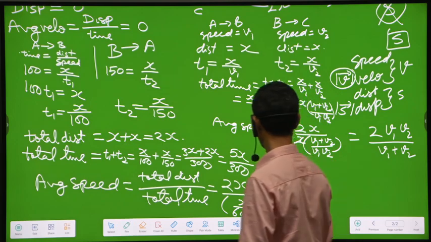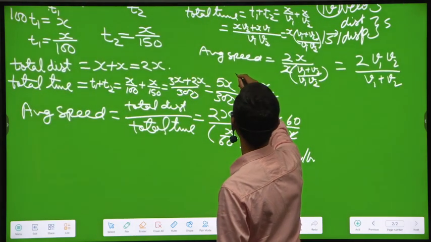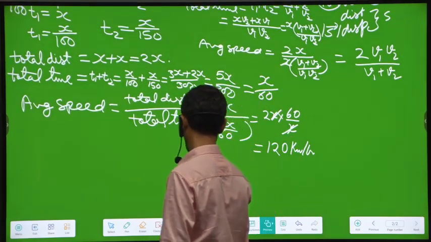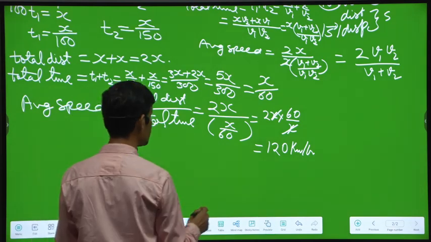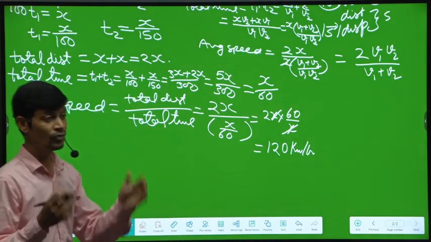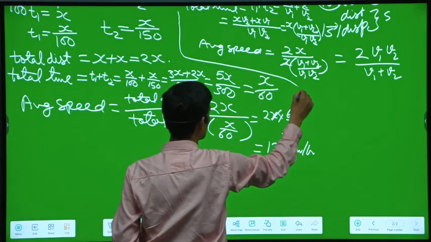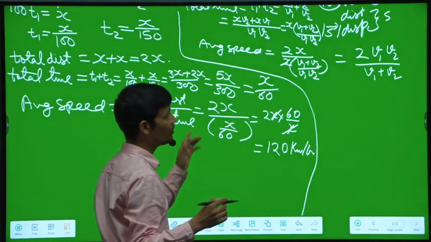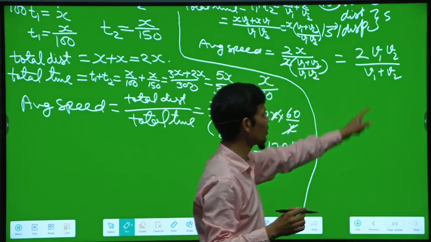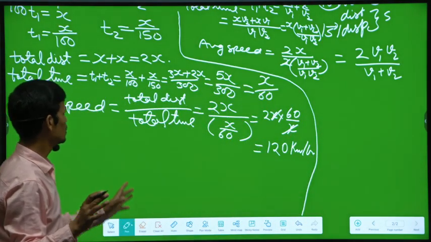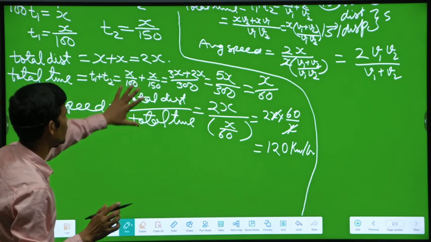If we could identify this problem and relate it with this formula, then the entire working will be reduced.